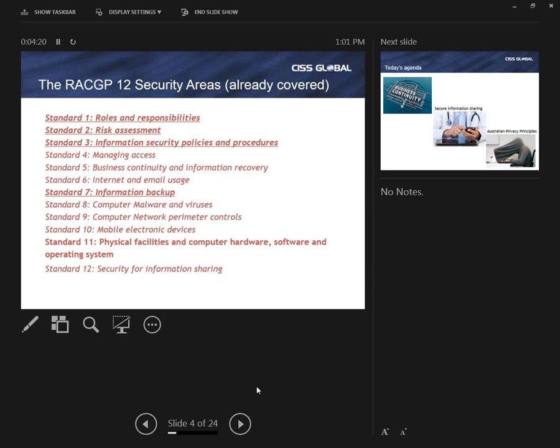In reality, the matrices are completed as a team effort. It'll be the practice manager, IT support, it might be a practice owner or decision maker or someone else in the practice with a keen interest and knowledge around security. So again, it opens the opportunity for conversations within the practice.